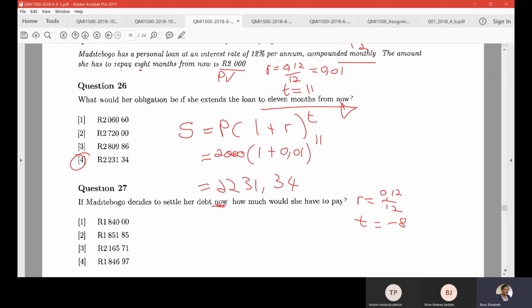So you will say your S is equal to P times 1 plus R to the power T. Substitute the values and calculate.